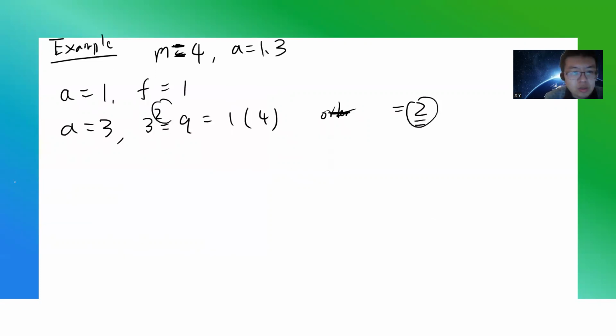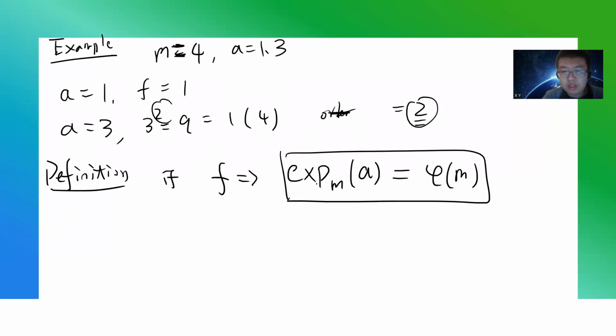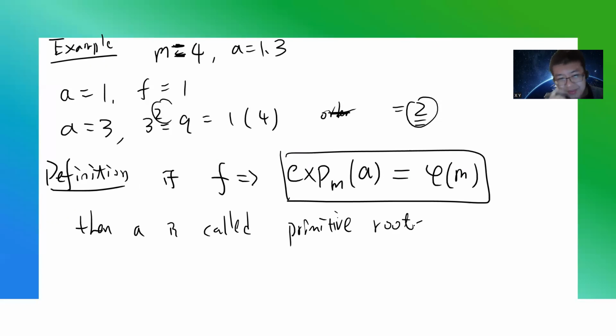Now the definition: if the exponent of a modulo m is phi of m, which basically means it needs to go to the highest power to make it 1, then a is called a primitive root.